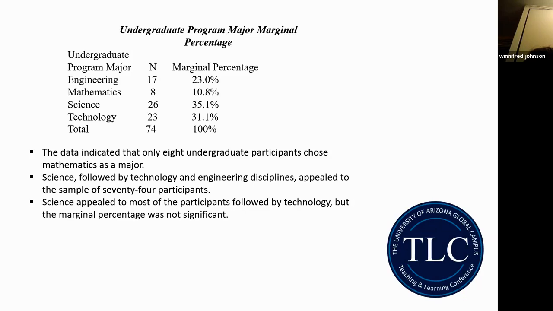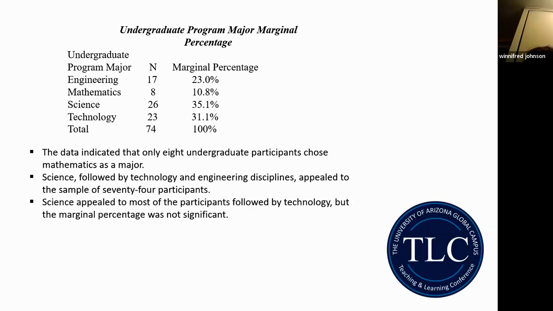Undergraduate program measure, marginal percentage. The data indicated that only 8 undergraduate participants chose mathematics as a major. Science, followed by technology and engineering disciplines, appealed to the sample of 74 participants.